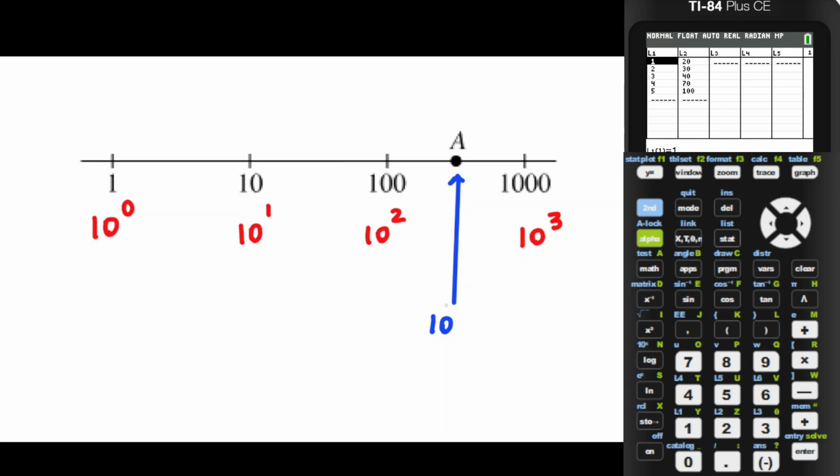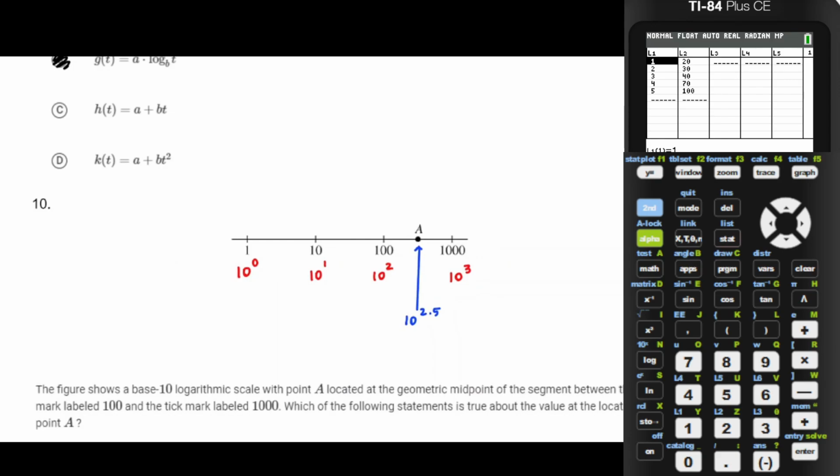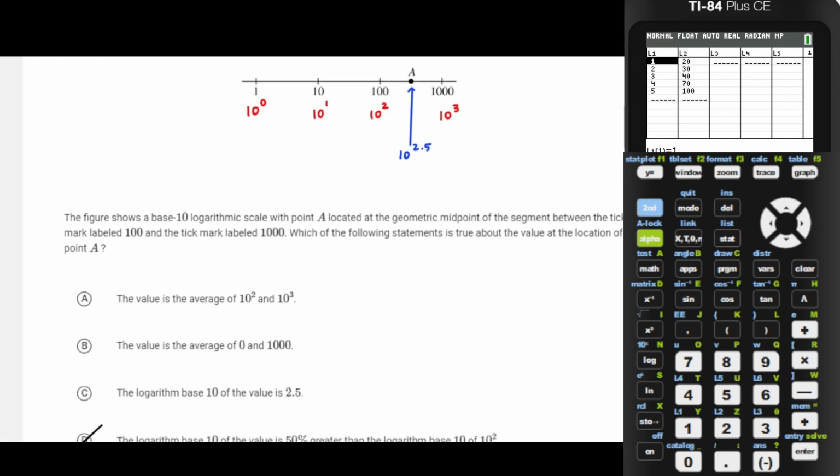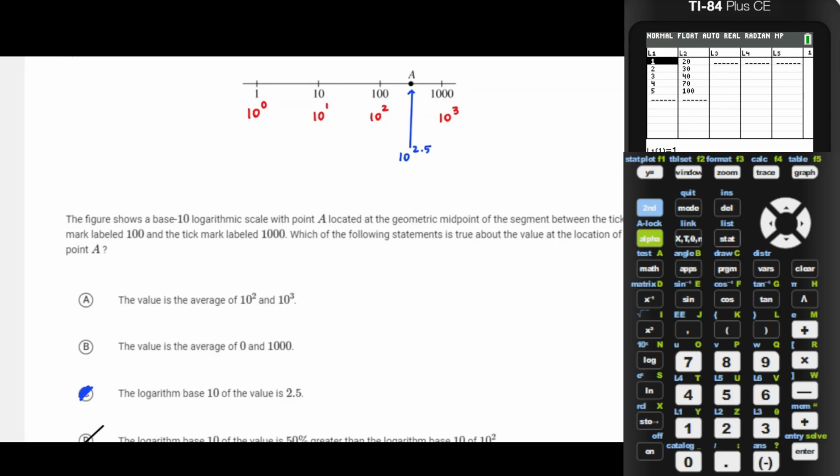So that's going to be 10 to the 2.5 power. Right. Then, that's why I believe that it is answer choice C. The logarithm base 10 of the value is 2.5, because I know that log base 10 of 10 to the 2.5 equals 2.5.